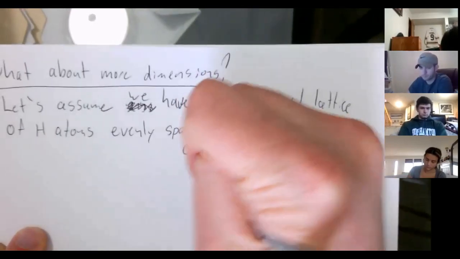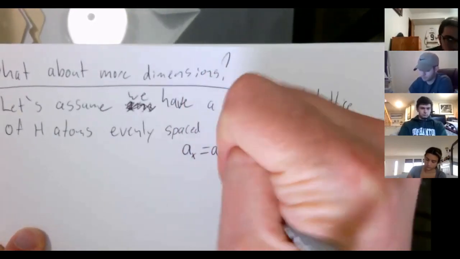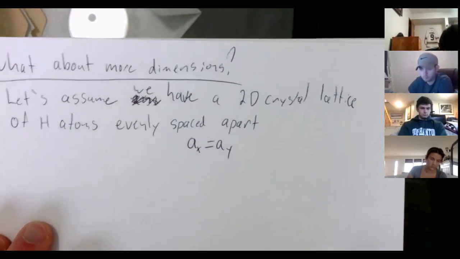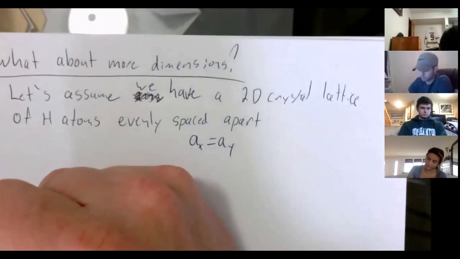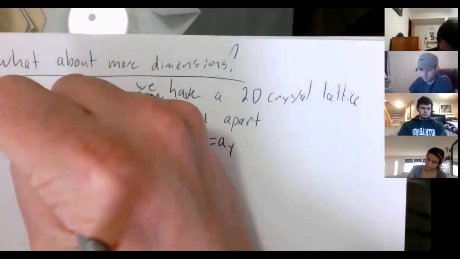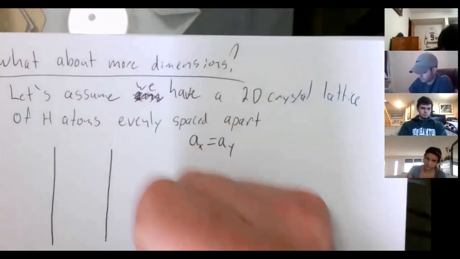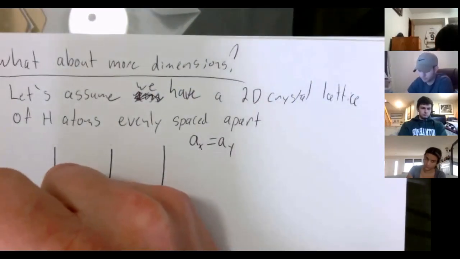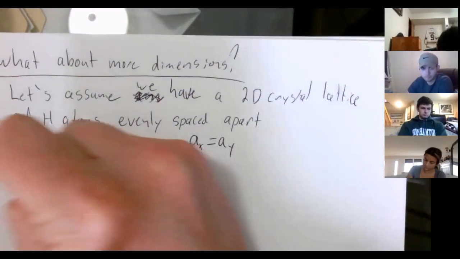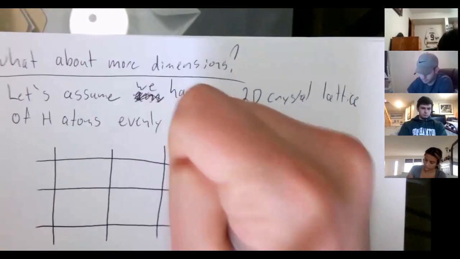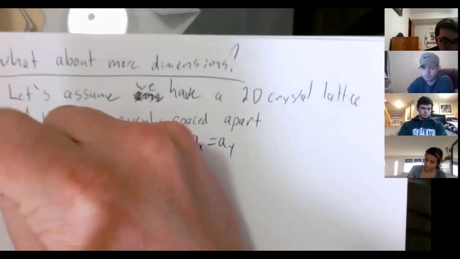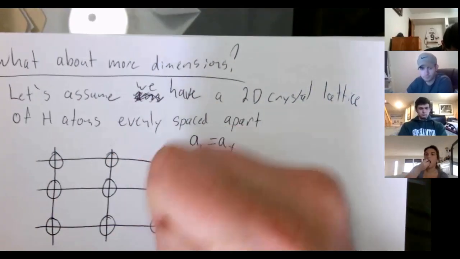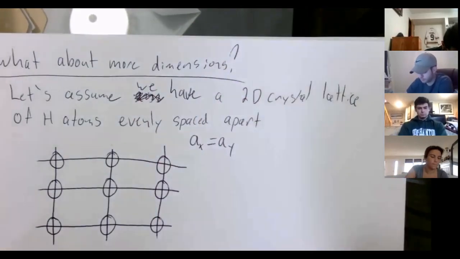So we're going to have ax equal to ay. We only have to talk about one lattice constant here. The way this looks, we're going to try and draw a grid. And this is our unit cell. At each of these points, we have an H atom.